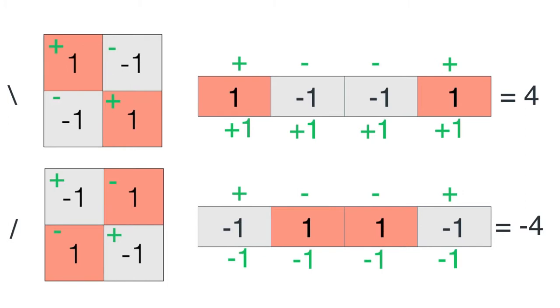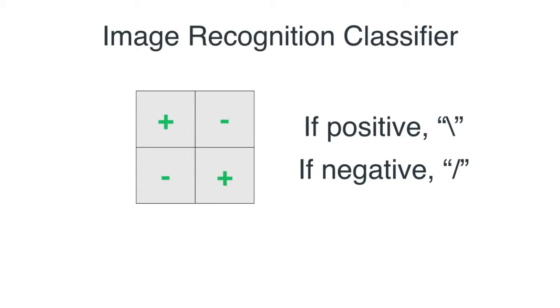So what we have is a different result, right? We have plus 4 and minus 4. So it seems like this is the best way of putting operators in between the 1 and minus 1. This is how we separate a backslash and a forward slash and teach this to the computer.